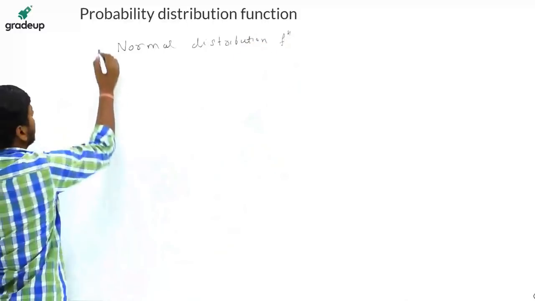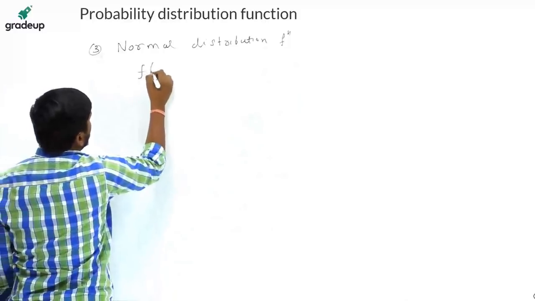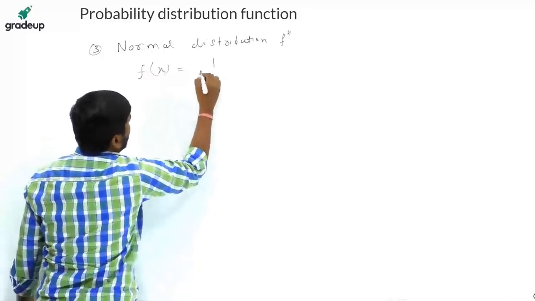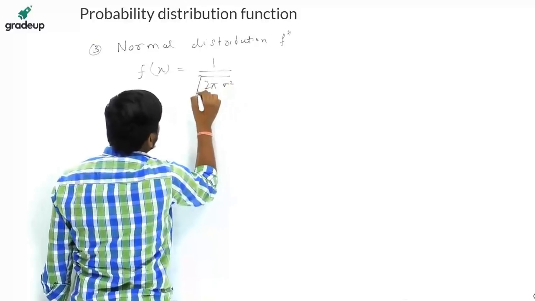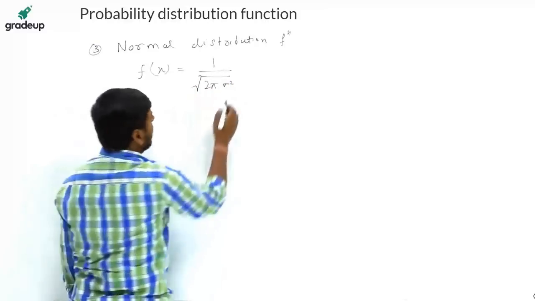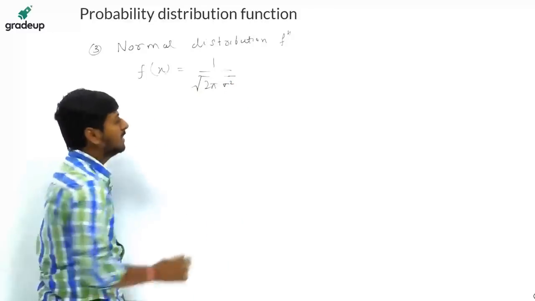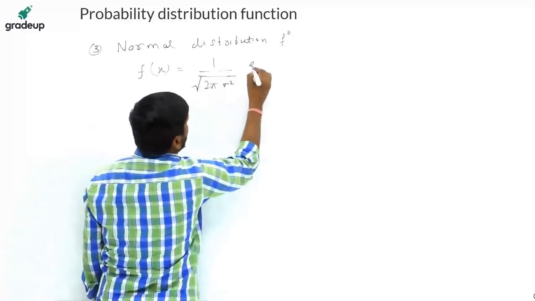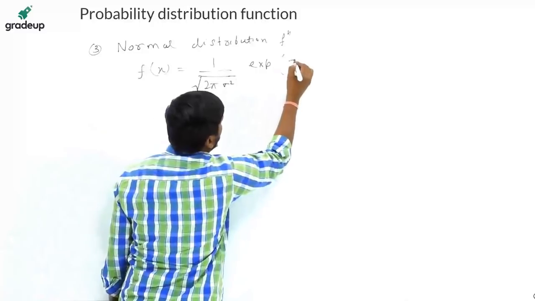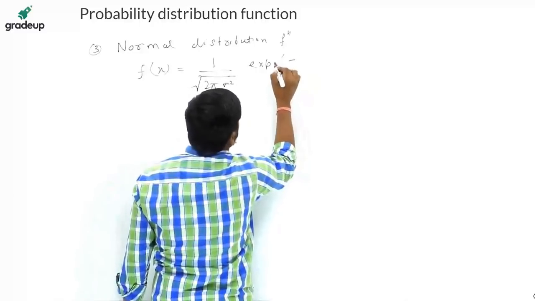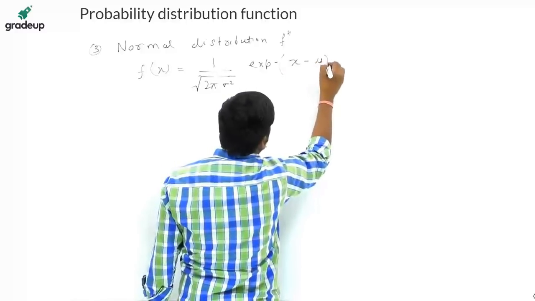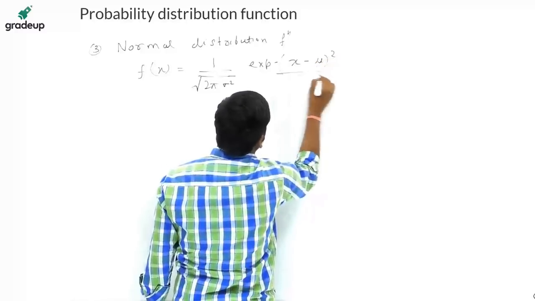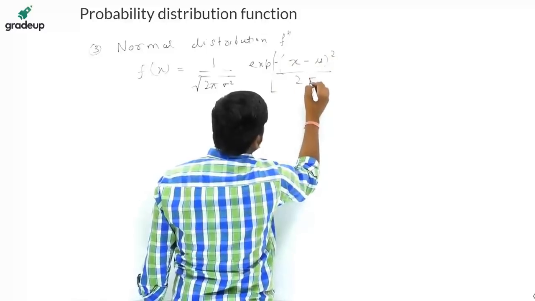What is this? f(x) is given by, write it carefully, 1 divided by under root 2 pi sigma square. Sigma square is within the under root only. 1 divided by under root 2 pi sigma square, exponential minus (x minus mu) whole square divided by 2 sigma square.